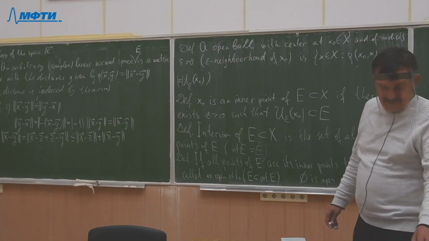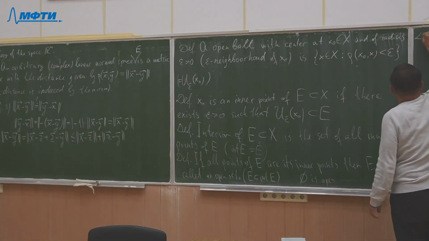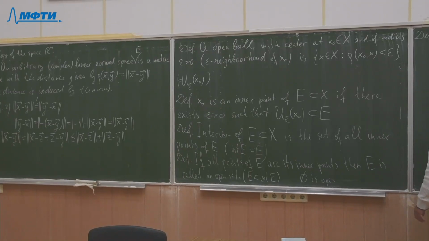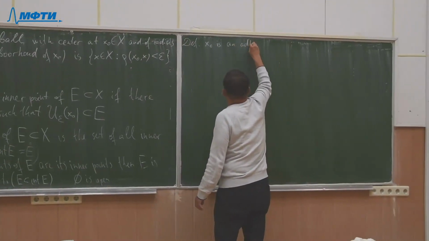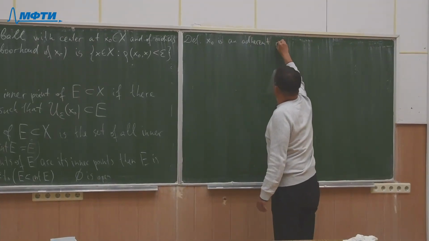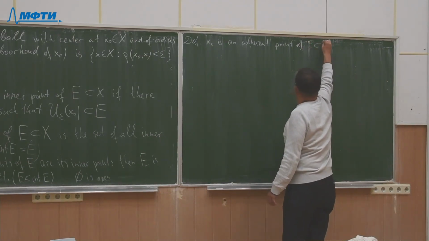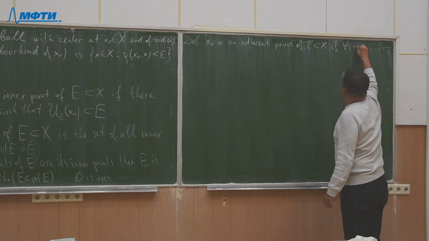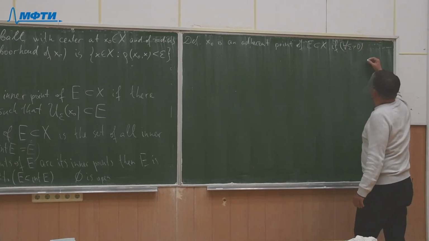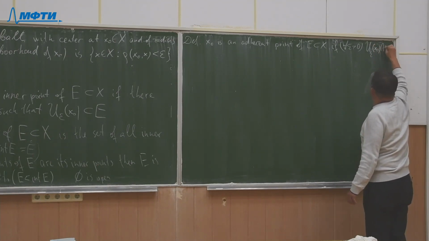Okay. Then next definition. X naught is an adherent point of E in X if for any epsilon greater than 0, u epsilon of X naught intersected with E is not empty.